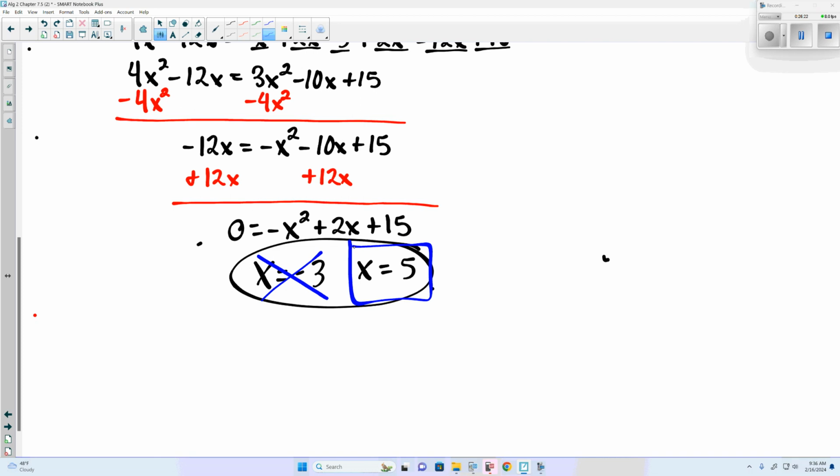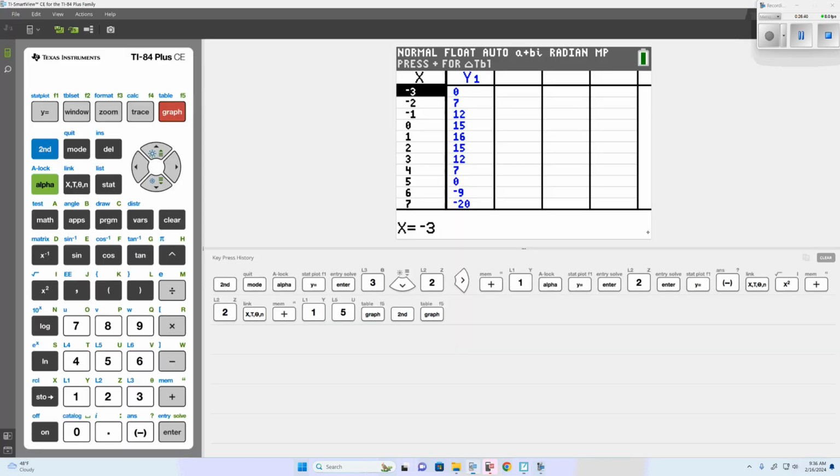If we were to factor it, what I would have done is, you can do it one of two ways. Multiply by negative 1 or divide by negative 1. Because if we do that, we get 0 is equal to x squared minus 2x minus 15.